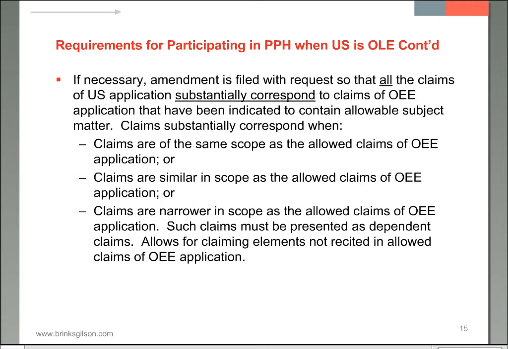I'm guessing that the second option means that the claims can differ slightly from allowed claims so long as they essentially correspond to the allowed claims. As to the third option, this means that adding dependent claims that were not present in the OEE application is permissible.